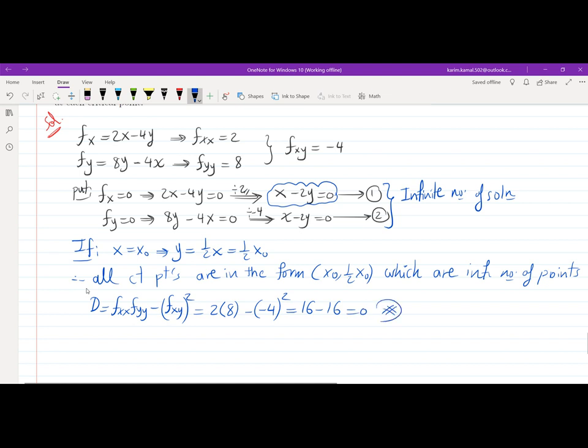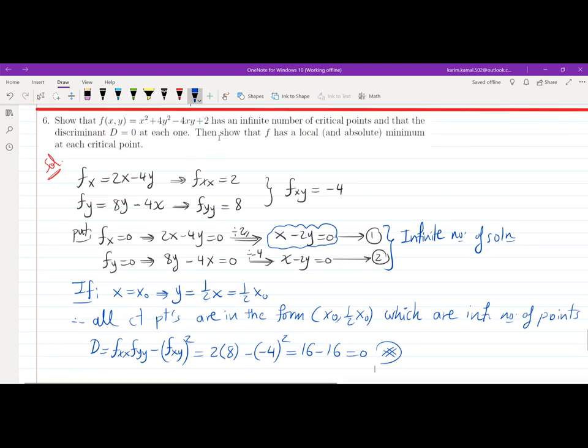What else? Then show that f has a local and absolute minimum at each critical point. Return back to the form of the function.